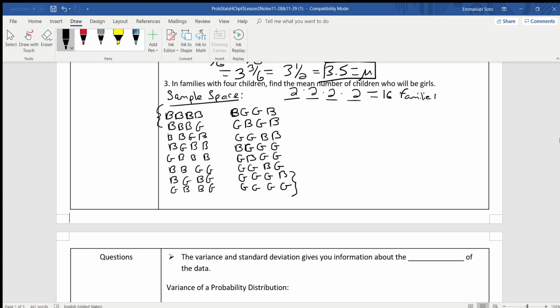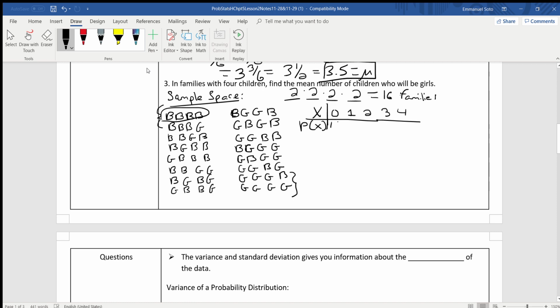All right, so now we can go ahead and calculate the probabilities. We could do our probability distribution. So we can have 0 girls, 1, 2, 3, or 4. What's the probability of getting 0 girls? There's only one way of getting 0 girls, and that's getting all boys.